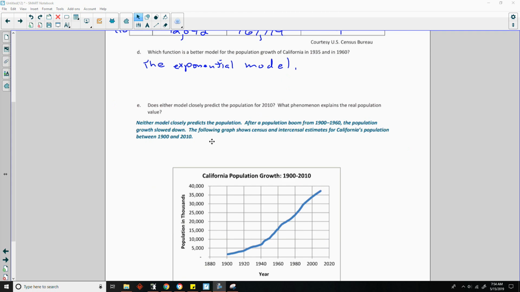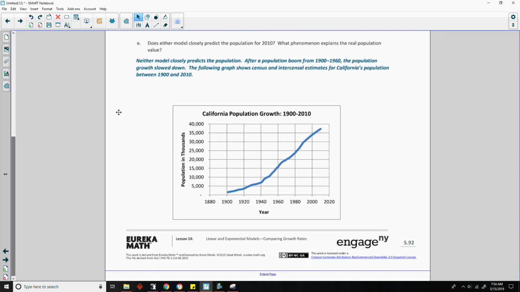After a population boom from 1900 to 1960, the population growth slowed down. The following graph shows census and intercensal estimates for California's population between 1900 and 2010. Intercensal. Okay. Times between censuses, I guess. Alrighty. And there's the graph.